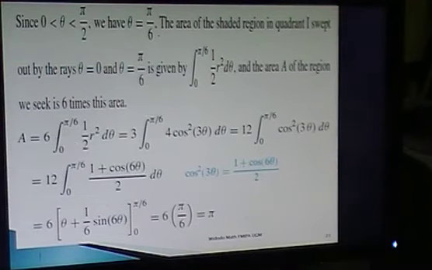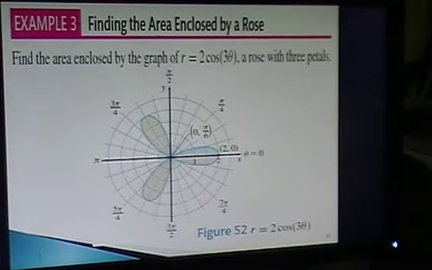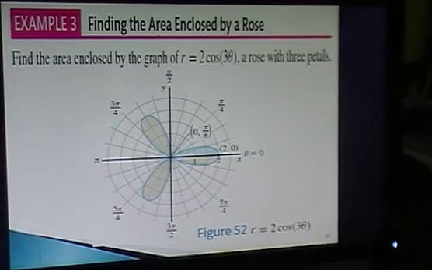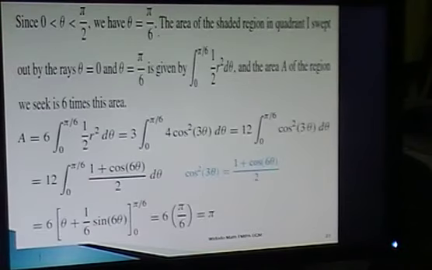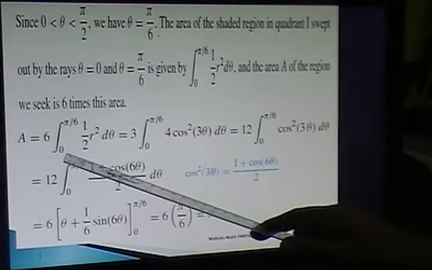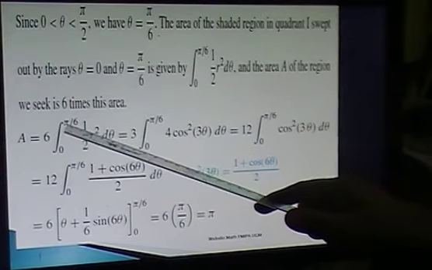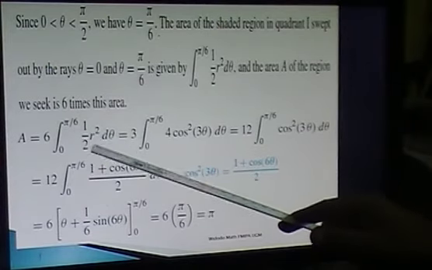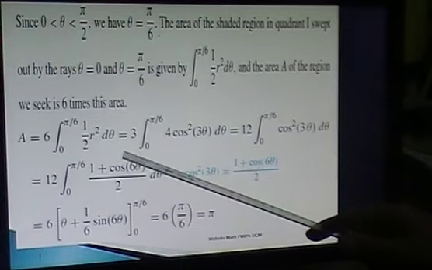Why 6 times? Because it is consisting of 1, 2, 3, 4, 5, 6 times. So 6 times the integral from 0 until phi divided by 6 of 1 over 2 r squared d theta.